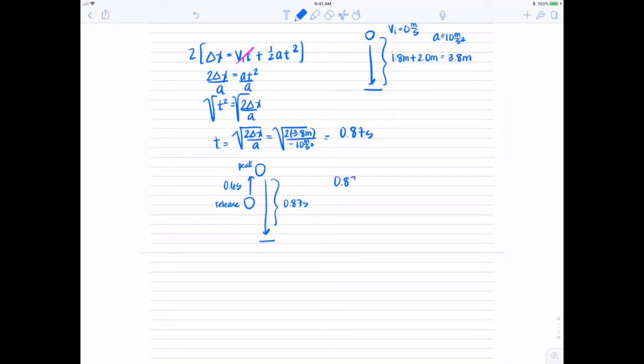So we get 0.87 seconds plus 0.6 seconds, 1.47 seconds. That is the total time that it takes for the ball to hit the floor.